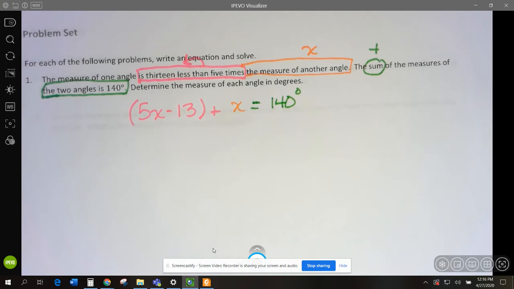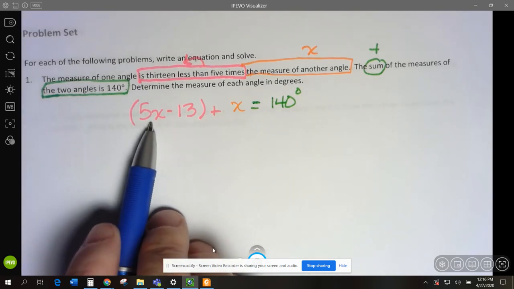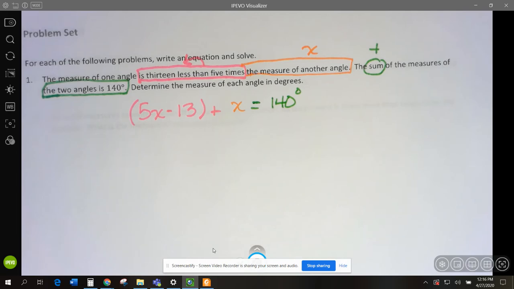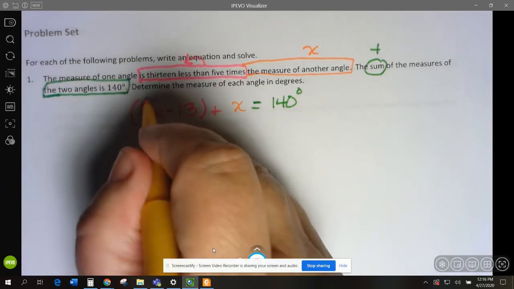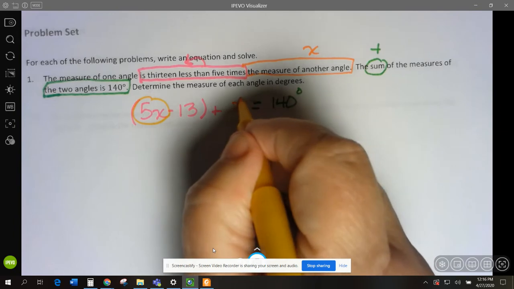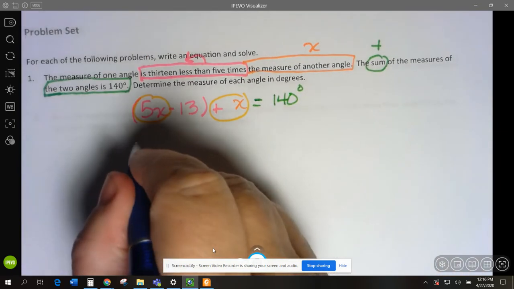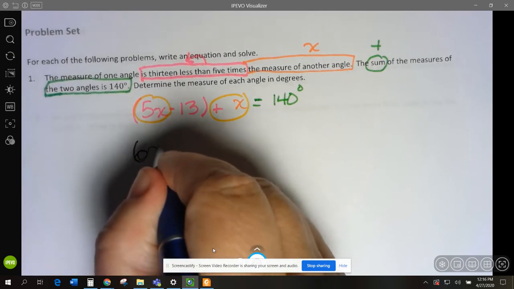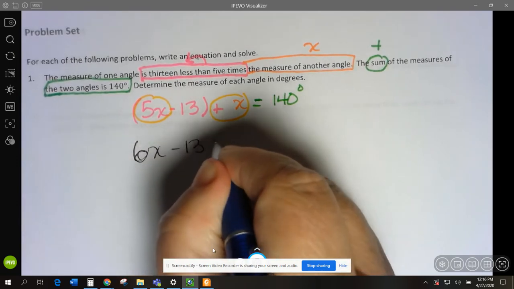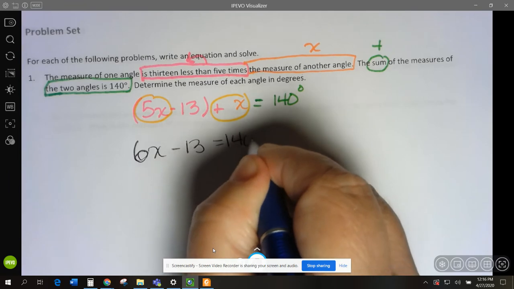Now we can start to solve this. The first thing we're going to want to do is combine our like terms. We have a 5x and an x, so that is going to give us 6x minus 13 equals 140.